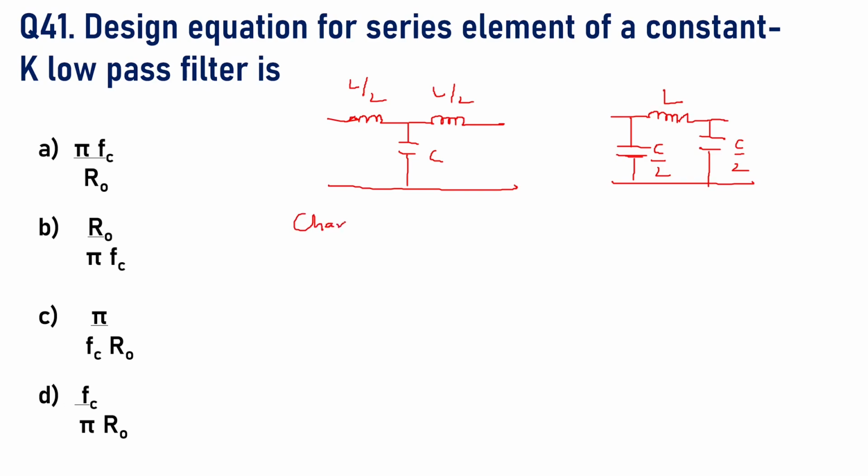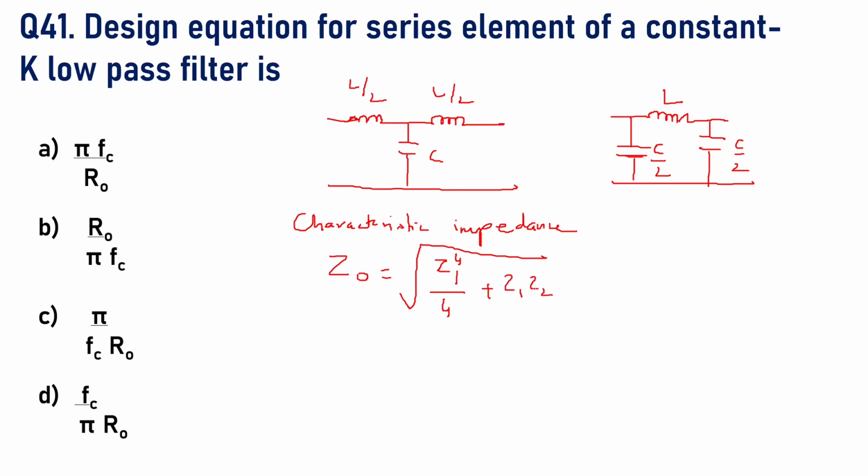Characteristic impedance is given as Z naught is equal to under root Z1 to the power of 4 upon 4 plus Z1 Z2.